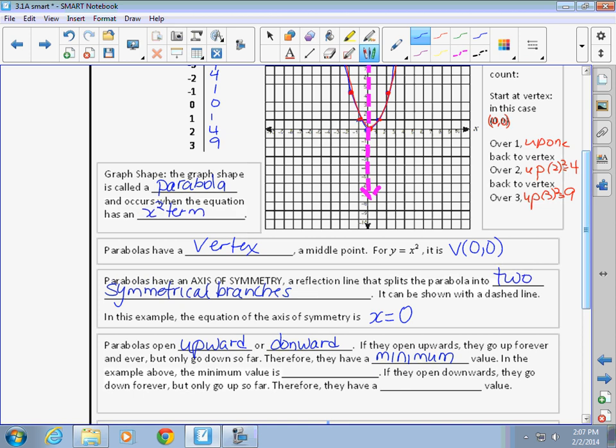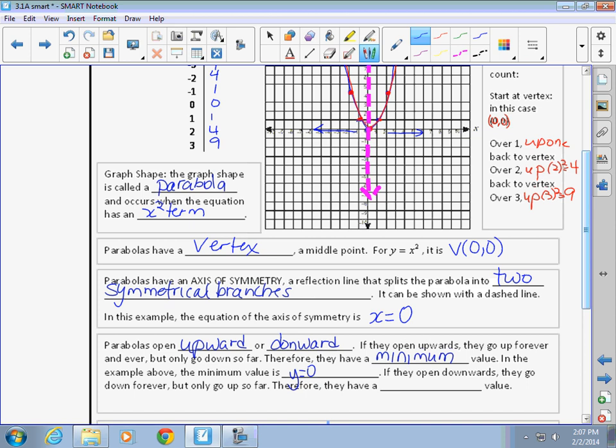Then the graph turned around the other direction and went up. In the example above, the minimum value is y is equal to 0. So my x's, I can continue to expand going across in this direction and this direction, but my y ended right at that y is equal to 0 spot.